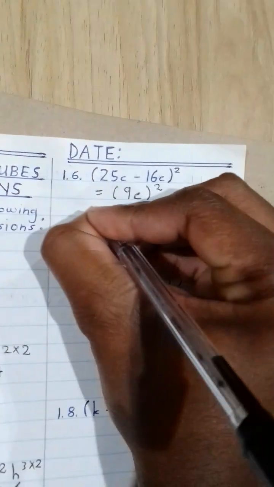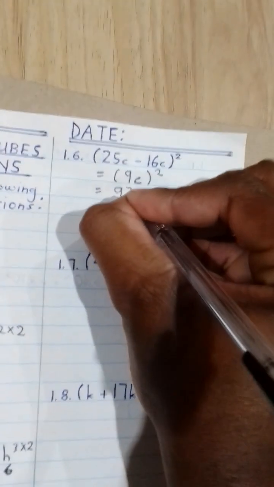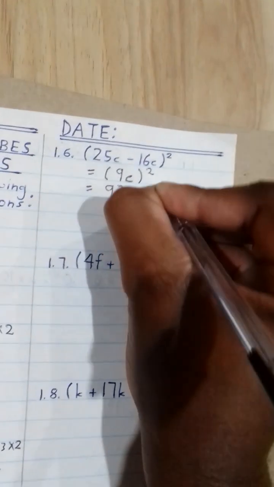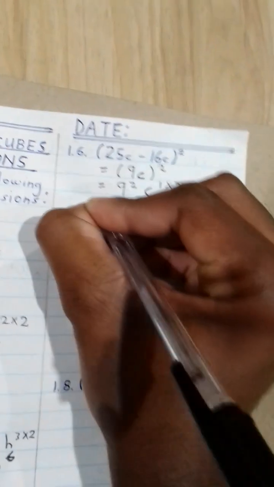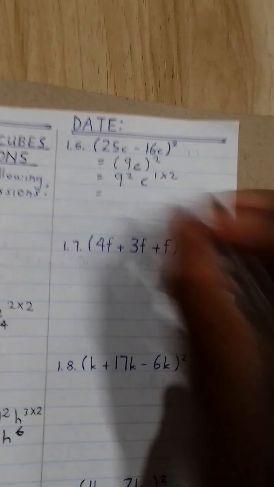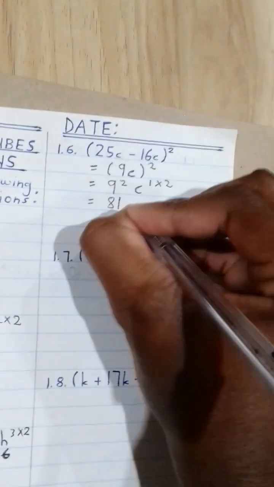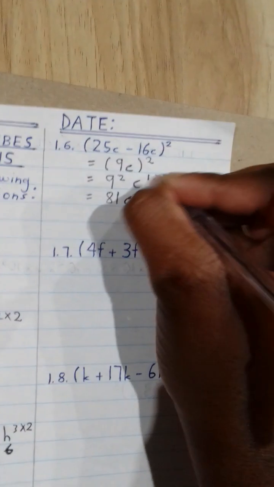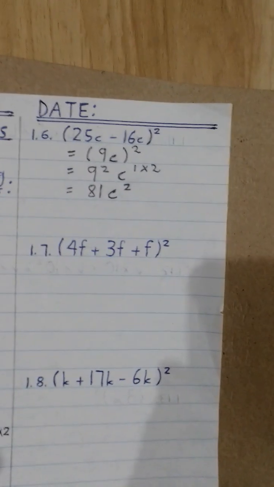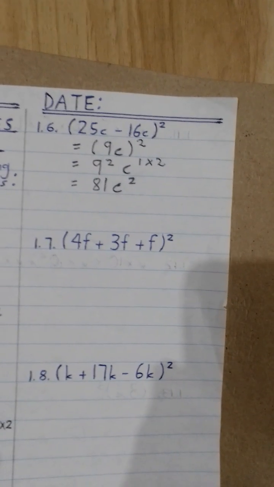Right? This is going to be 9 to the power of 1 times 2, it's 2. C to the power of 1 times 2. 9 times 9 is 81. C, 1 times 2 is 2. So the final answer is 81c squared.